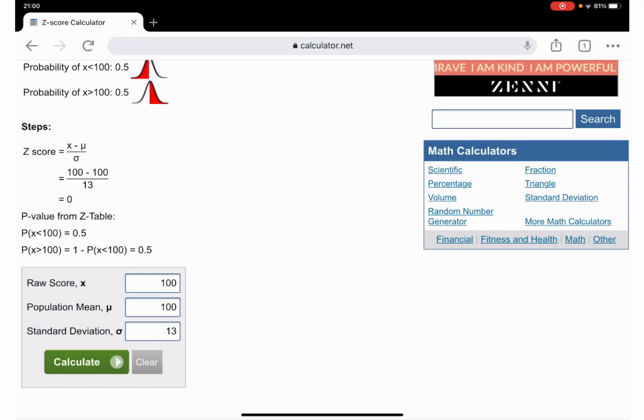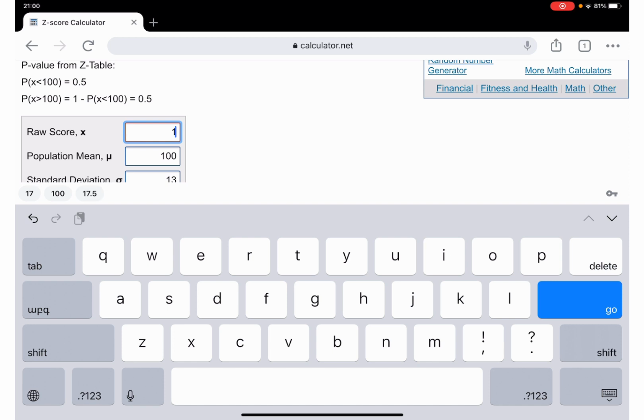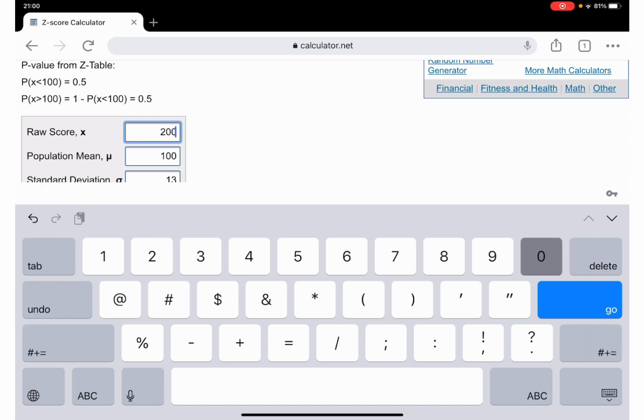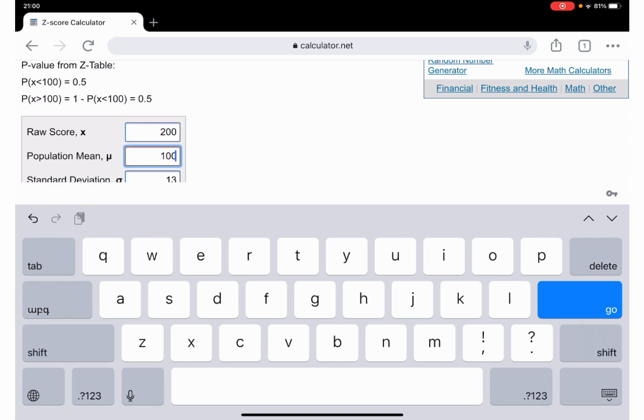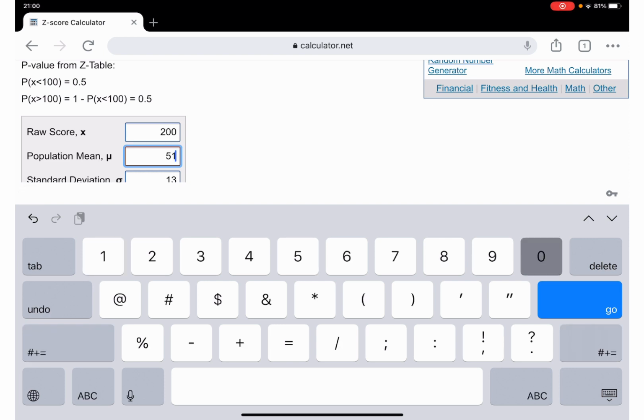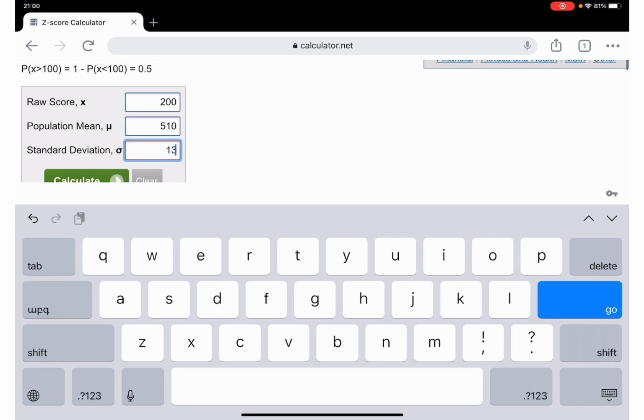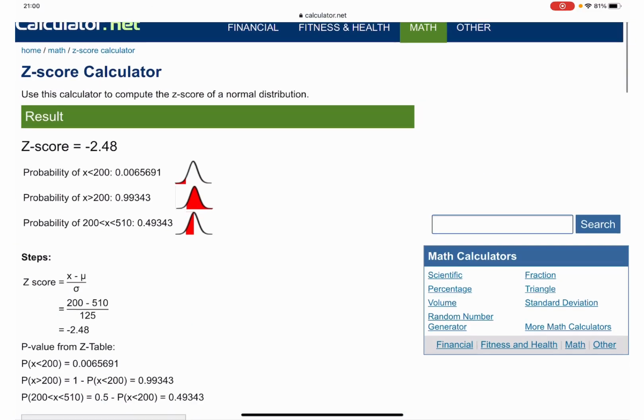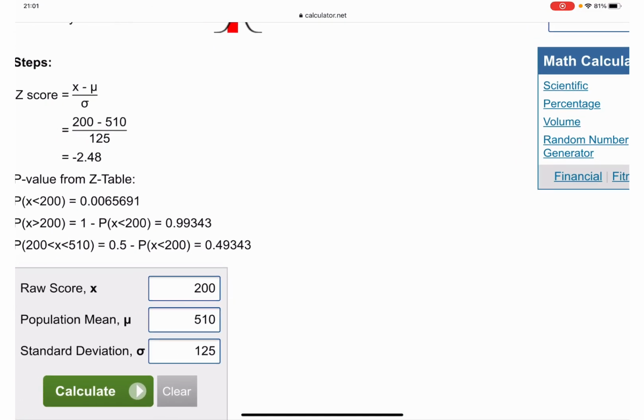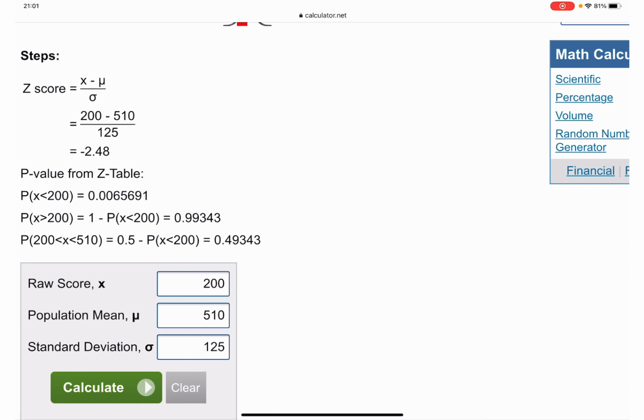So x is 200. Mean is 510. And standard deviation is how much? 125. Let's go. 200 gives 0.0066.